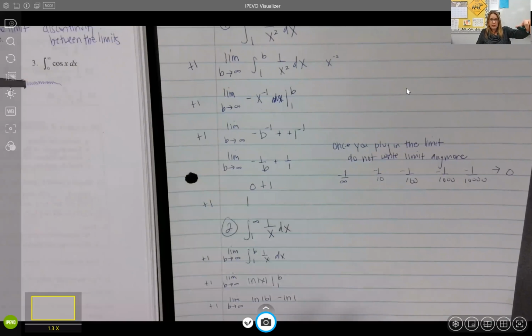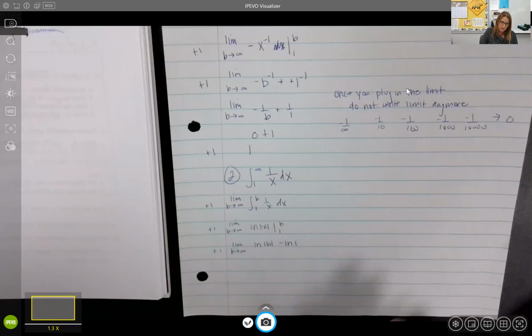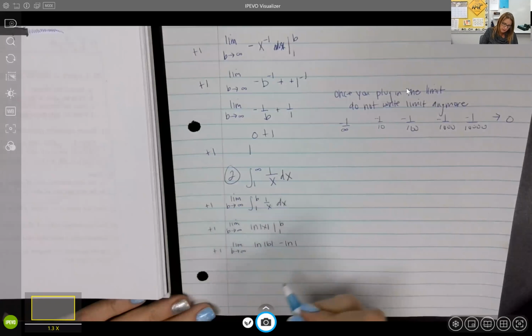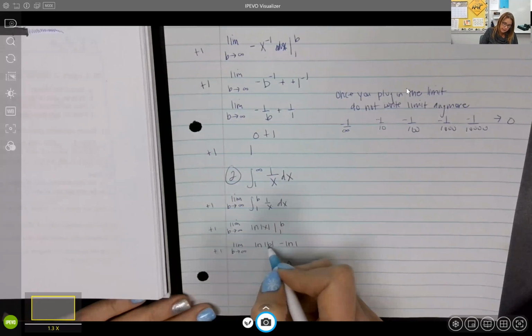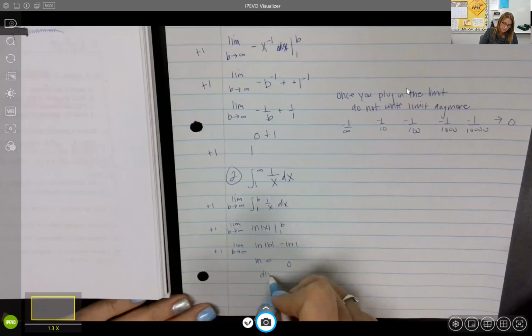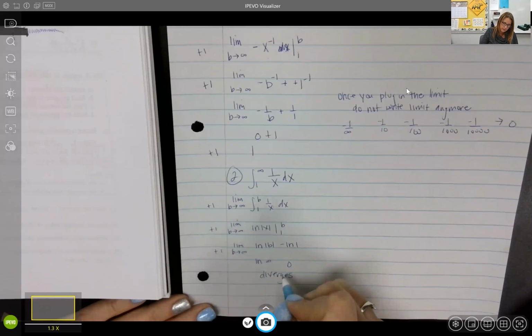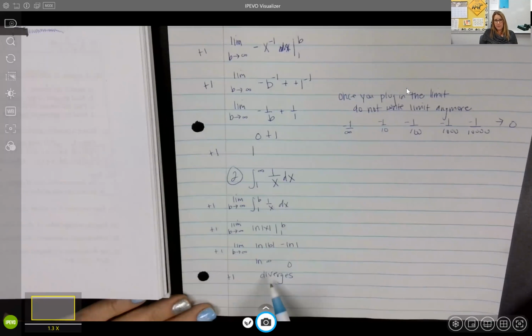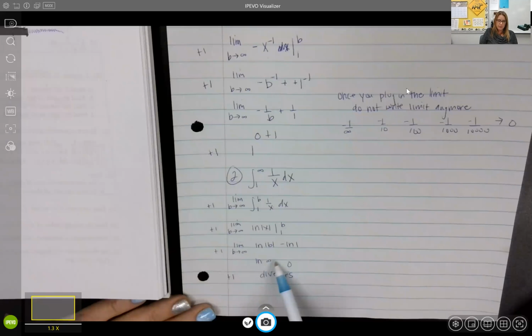Okay, and the natural log of 1 goes away, that's 0. And the natural log of infinity is huge, so it diverges. I'm not able to find a value for the natural log of infinity, so I'm going to say that this diverges. I cannot come up with a certain area between 1 and infinity. Okay?